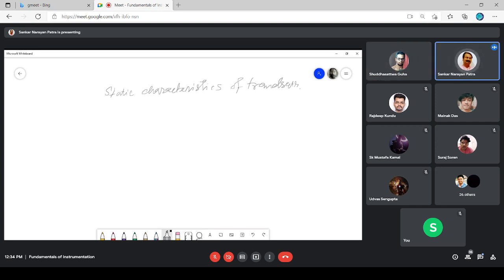When you want to know about instruments, you definitely need to know: one, its images.